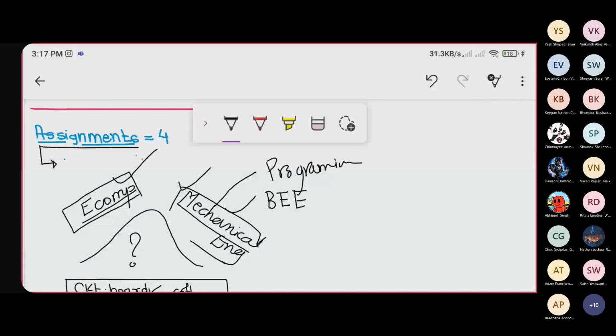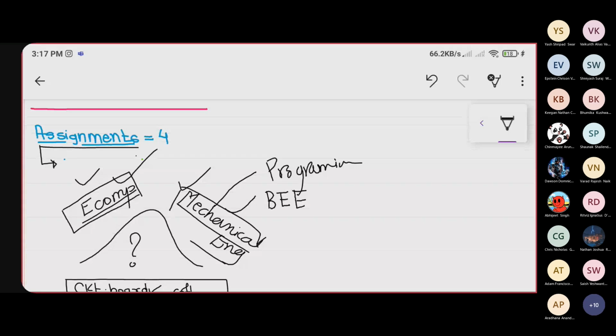In earlier ages, it was scientists or physicists who knew all things, like ECOM, computers, electronics, mechanical, all basic things.